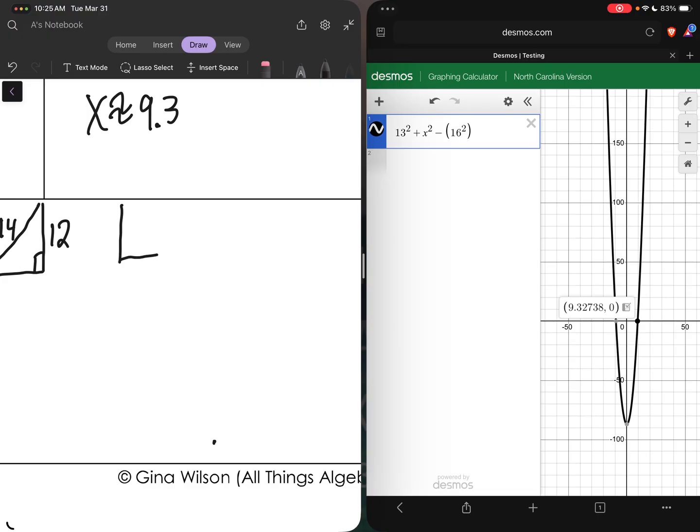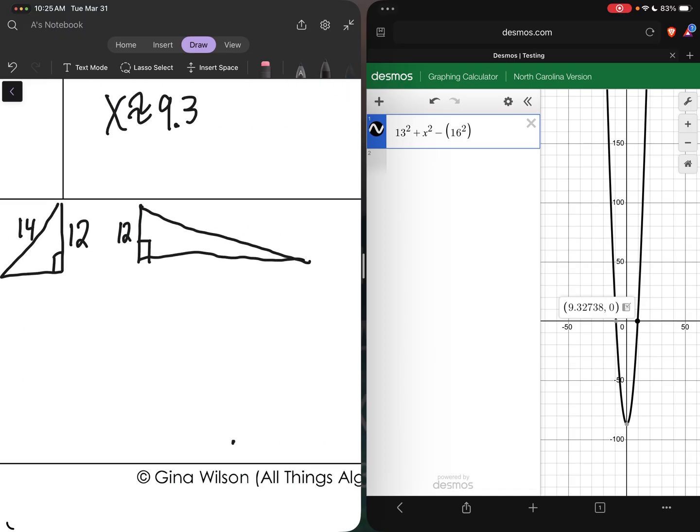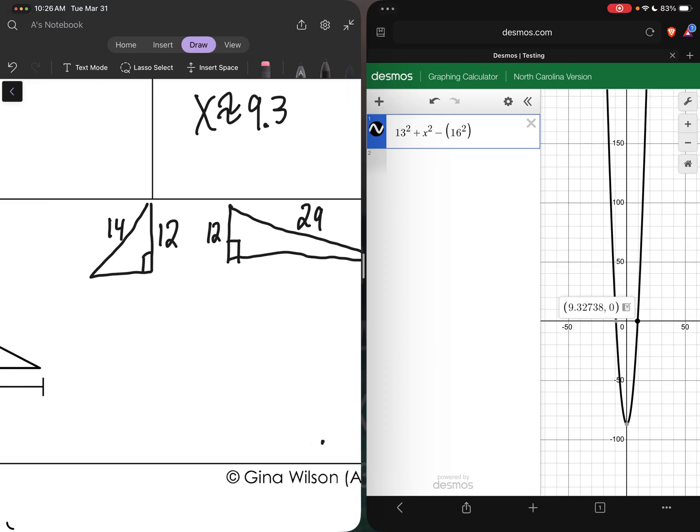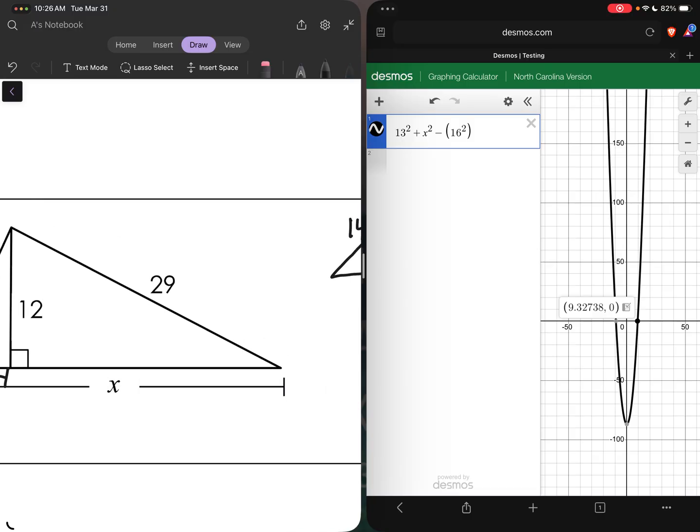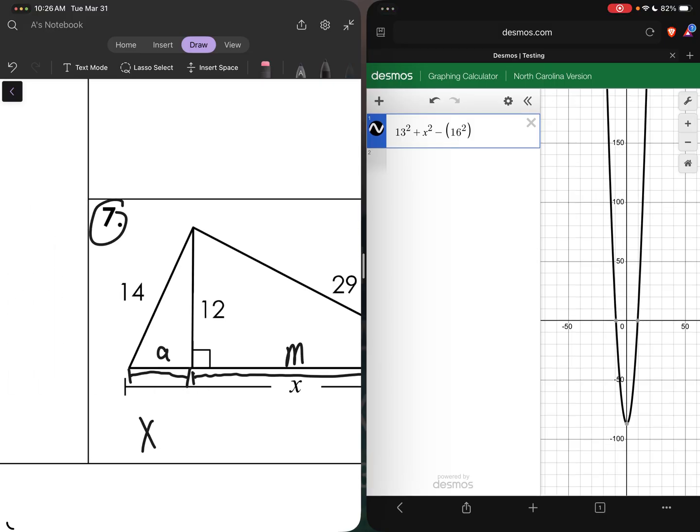And I have the triangle on the right side, which is 12 and 29. And I know if I find the length of this portion, I'm going to call this A, and this portion, M, X will be equal to A plus M.